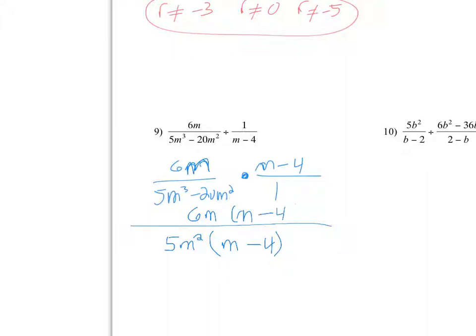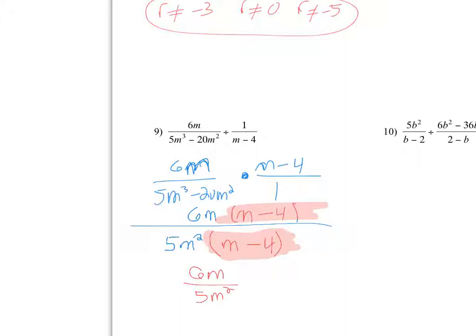I'm doing the multiplication here real quick. And all of that denominator times 1. Oh, I got my m minus 4 and my m minus 4. That's super nice because they cancel out. And I'm left with 6m over 5m to the second power.